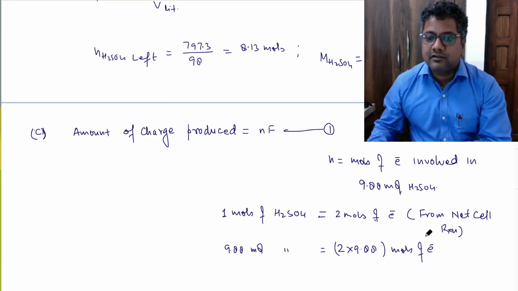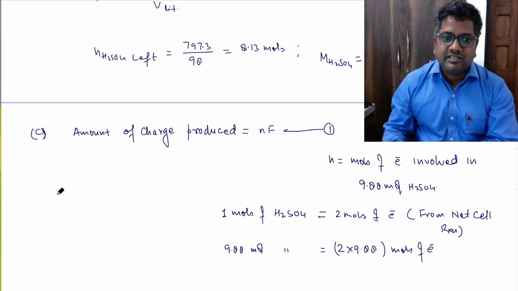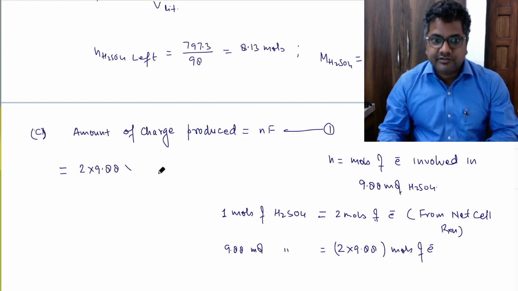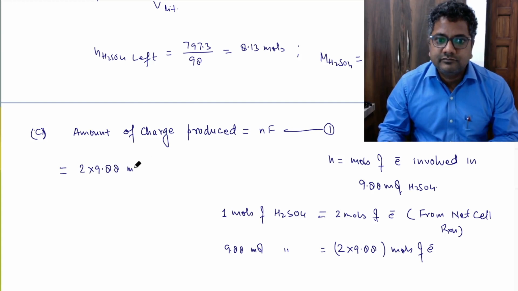So the amount of charge produced is equal to 2 times 9.88 moles multiplied by 96500 coulombs per mole.